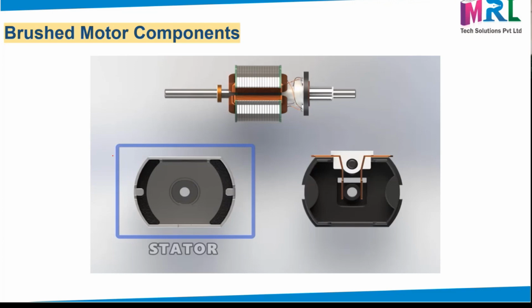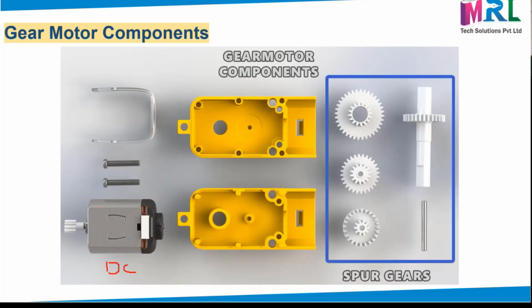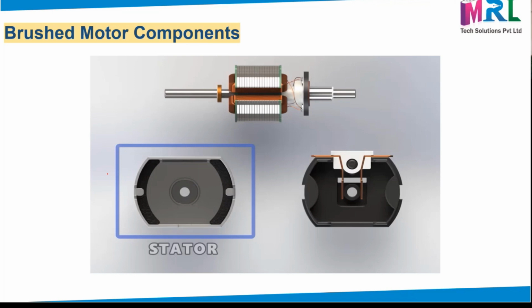Inside this DC motor, when you open it, you will have three components. Put the title as DC motor. The first component is called stator. Make a note of it. What is stator?